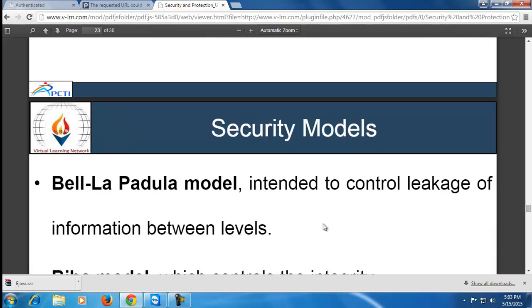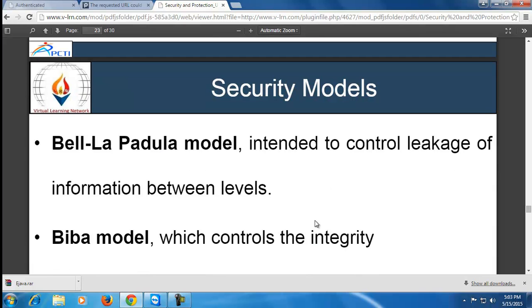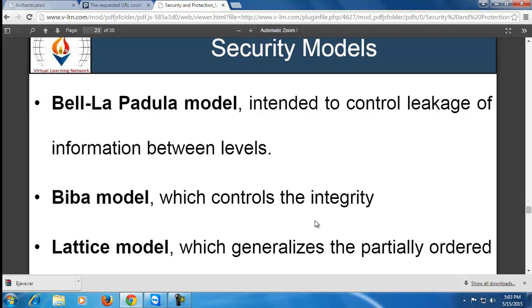Now, the Bell-LaPadula model is intended to control leakage of information between levels. When data is transferring from one level to another level, we have to apply a kind of mechanism or security model for preventing leakage of content or information at every level. Biba model controls integrity, which we discussed in the first slide of this unit.